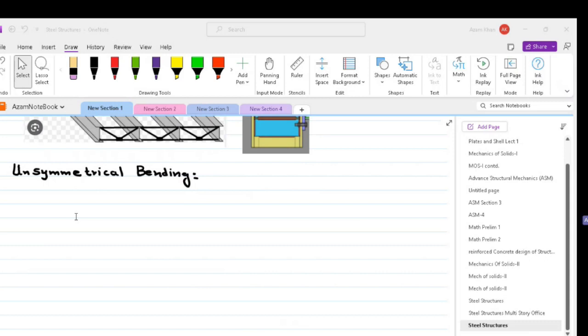The bending that occurs about any axis other than one of the principal axes is actually called unsymmetrical bending. This happens when the external loads are not in plane with either of the principal axes, or when the loads are applied simultaneously to the beam from two or more directions.